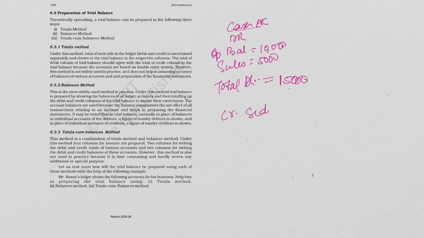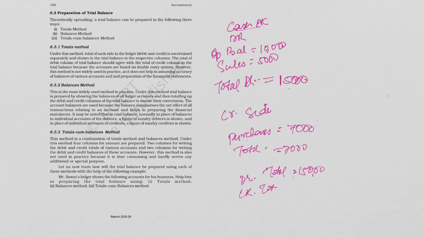Credit side, we have purchases rupees 7,000. So total credit 7,000. So under the totals method, we will write debit total equal to 15,000, credit total equal to 7,000.